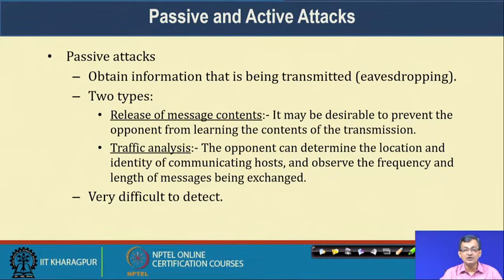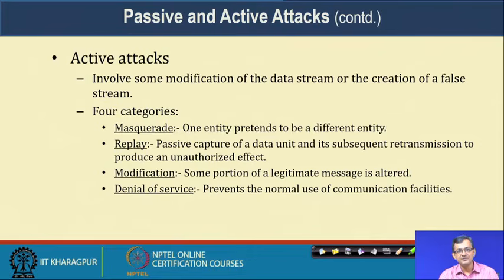They just gather information and pass it to somebody else, and that goes on to an active attack. It is some sort of spying at the network level.